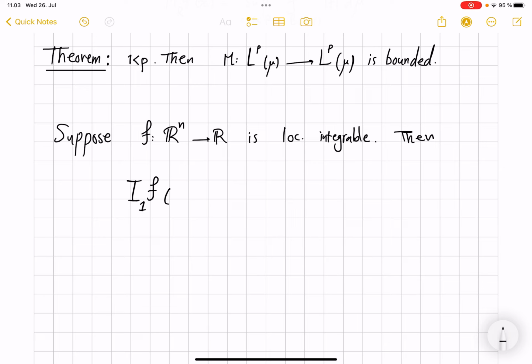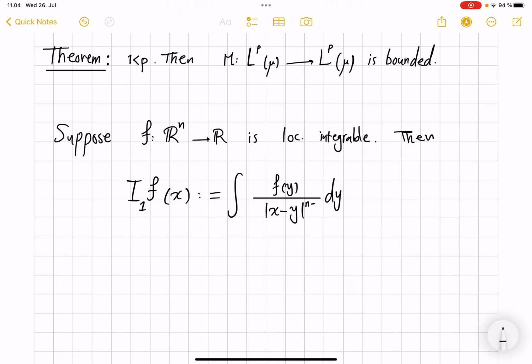So to evaluate this function I_1 f at x, what you do is you integrate the function f(y), which you can because it's locally integrable, against the kernel 1 over |x minus y| to the power n minus 1. Remember, x is our fixed point where we want to evaluate the function, and y is our integration parameter.